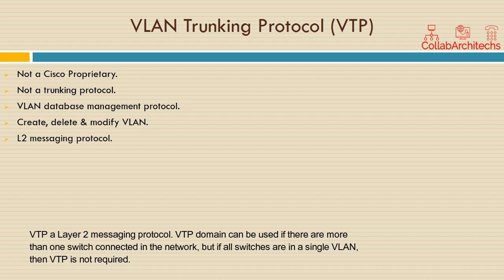VTP is a layer 2 messaging protocol. A VTP domain can be used if there is more than one switch connected in the network. But if all switches are in a single VLAN, then VTP is not required.